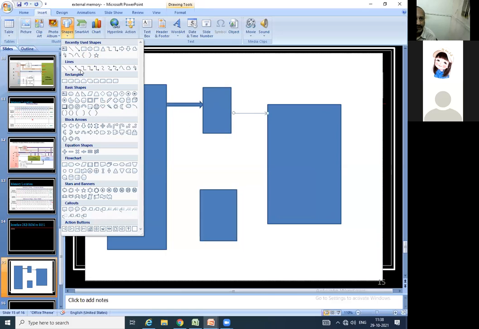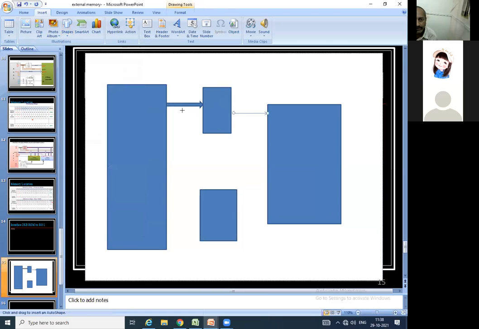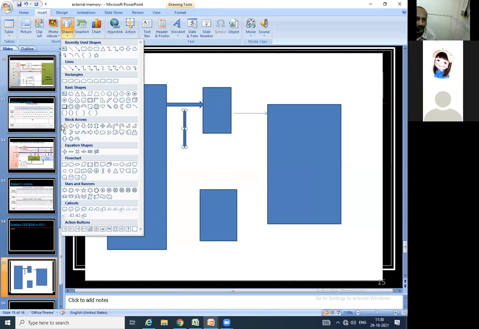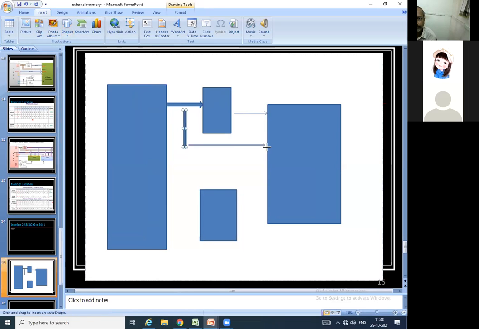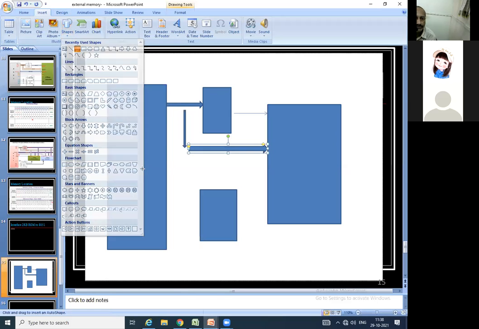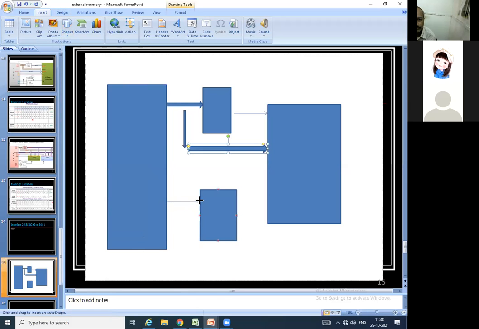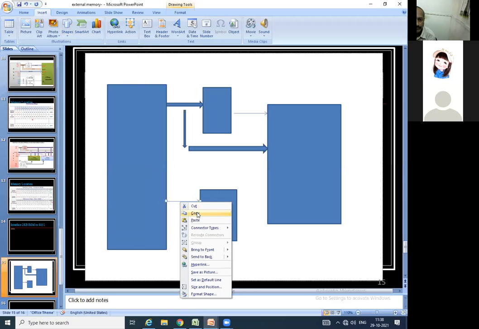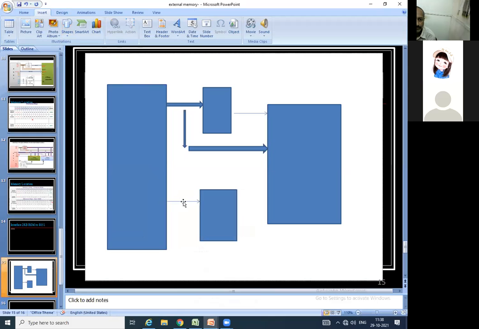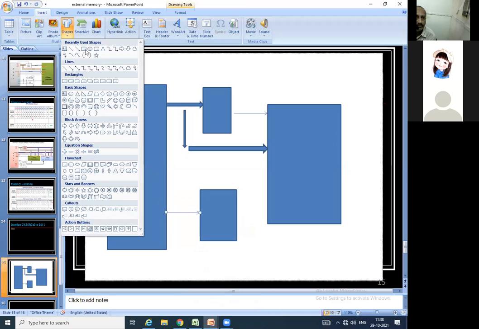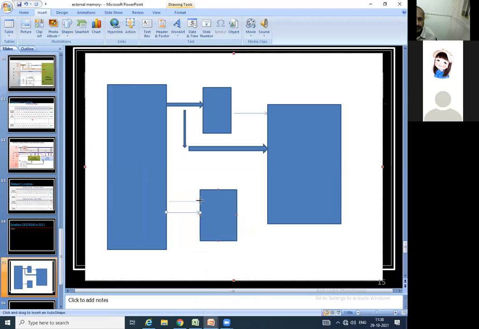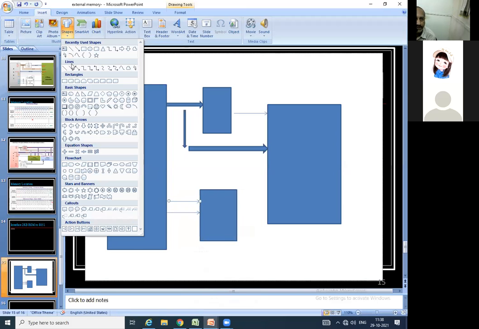I'm redrawing the same diagram, so those who have not tried can draw along with me. 3 inputs will be there for this decoder.